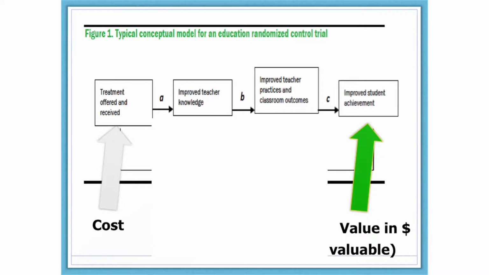Now, we have A, B, and C mechanisms, so we have these other things too, and these things might be worth something to us as well.